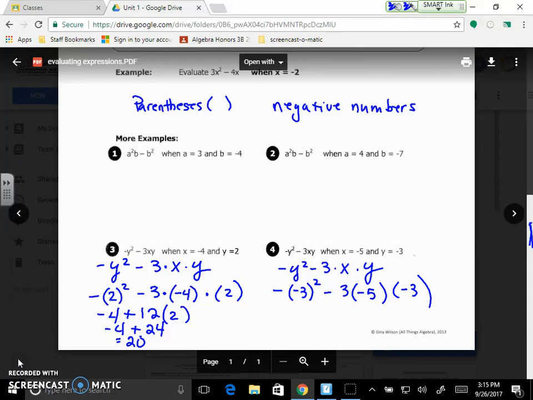Okay, so when we take negative 3 and square it, negative 3 times negative 3 is really 9, and your negative sign comes down. And now we have a negative 3 times a negative 5 gives me a positive 15, and that positive 15 is now multiplied by negative 3. So do your multiplication, so negative 9 minus 45 gives you negative 54.